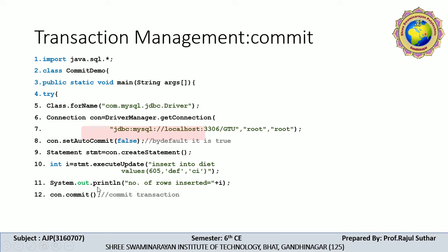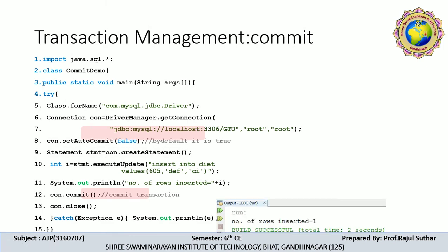Before writing con.commit, please check that connection.setAutoCommit is false, because by default it is true, and we must create one connection. Then con.close, and catch Exception e.